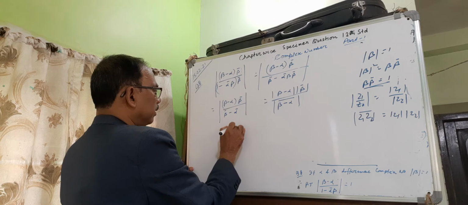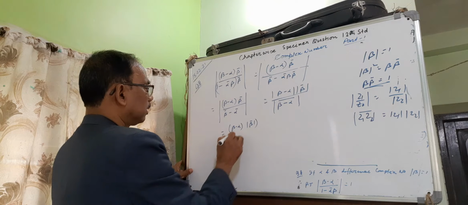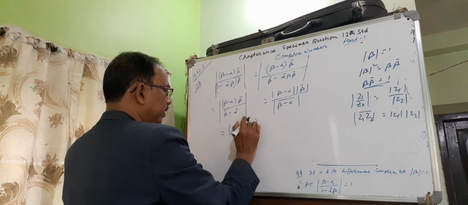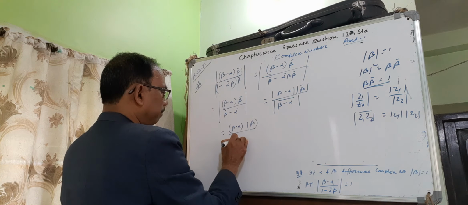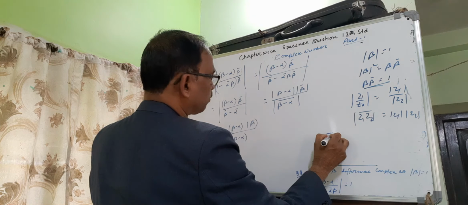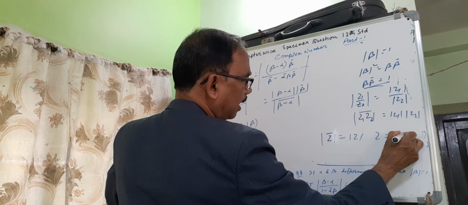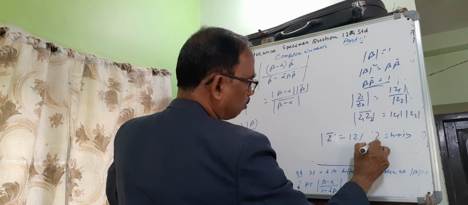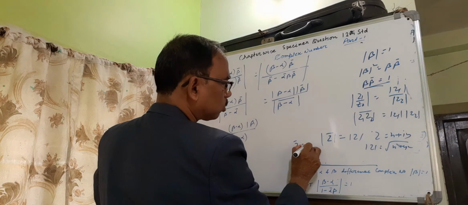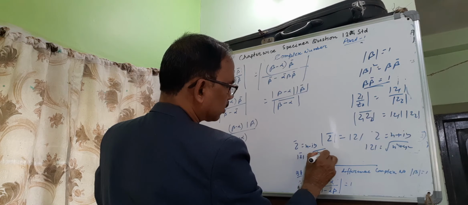That equals |β − α||β̄| over |β − α| conjugate. Also |z̄| = |z|, because if z = x + iy, |z| = √(x² + y²), and z̄ = x − iy, so |z̄| = √(x² + y²).